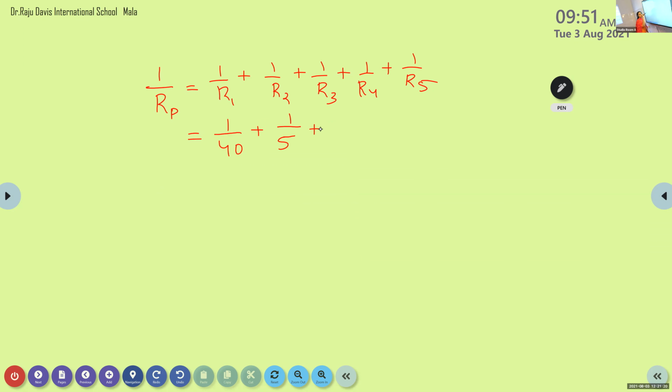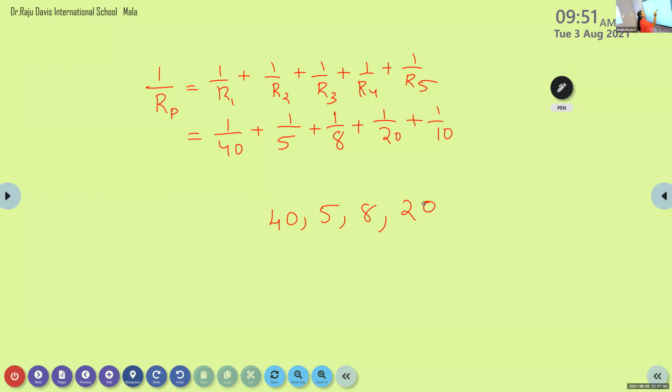What about the value of R3? 8. 1 by 8 plus 1 by 20 plus 1 by 10. So here the cross multiplication is complicated. Instead of that, I think it is better to take the LCM. We can make the denominators equal with the help of the LCM.